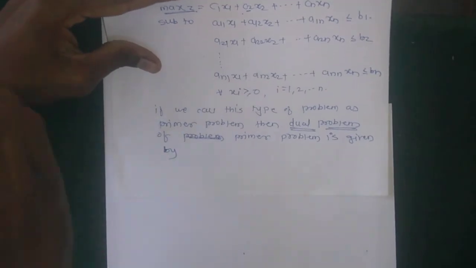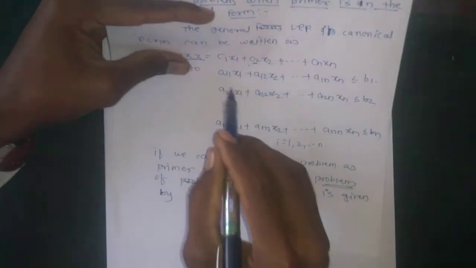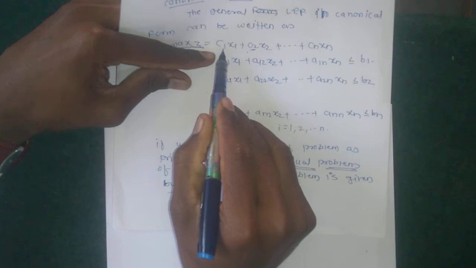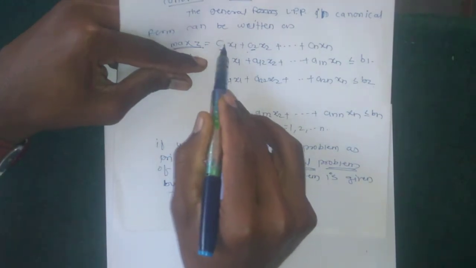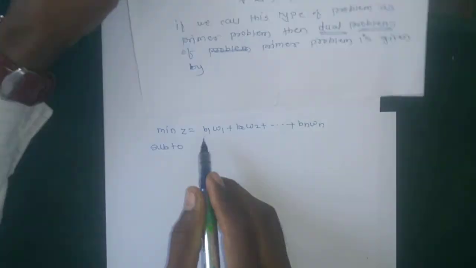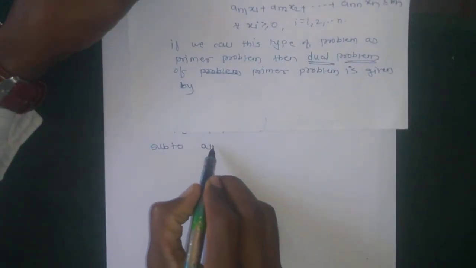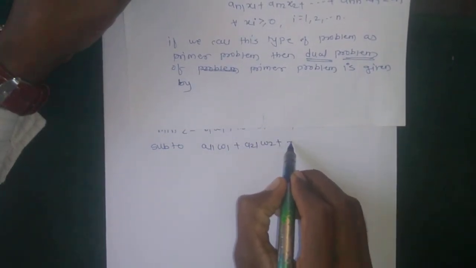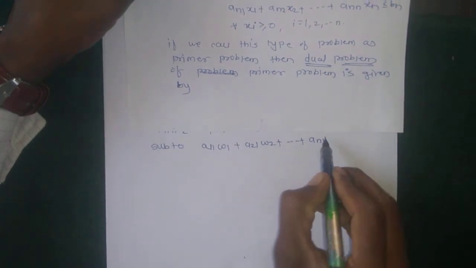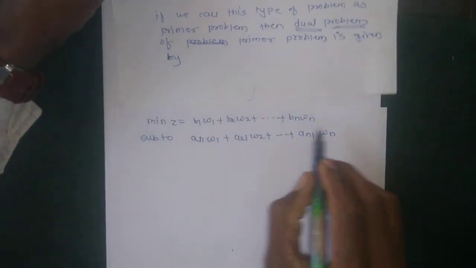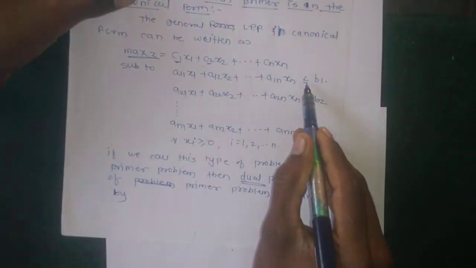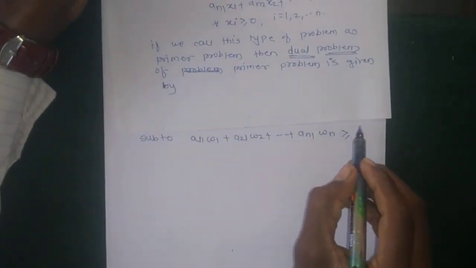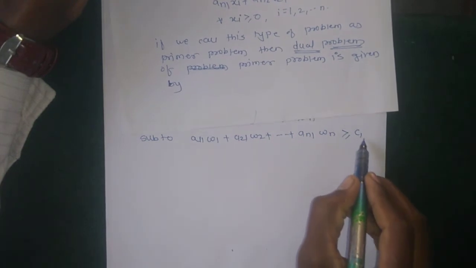To write the constraints, all coefficients of x1 are written in the first constraint, which is greater than or equal to the first coefficient of x1 in the objective function. So subject to a11 w1 plus a21 w2 plus so on an1 wn. In minimized type all constraints are greater than or equal, therefore in the dual problem the constraints are greater than or equal to c1, the coefficient of x1.